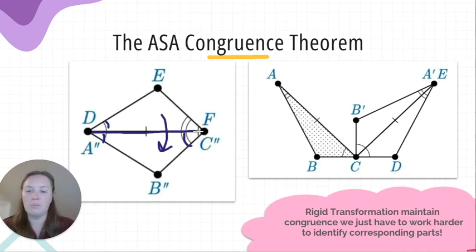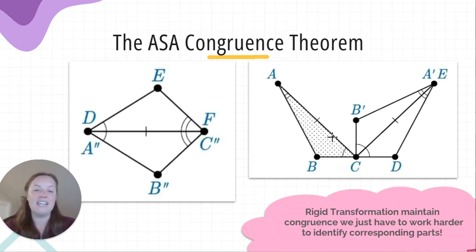And then most importantly, in how we actually use the reflexive property, A double prime C double prime is congruent to DF. So these figures are congruent to each other. We just have to identify those corresponding sides. Luckily, in this picture here, they have them labeled. So there's no question that angle F is congruent to angle C prime because we have our angle markers here.